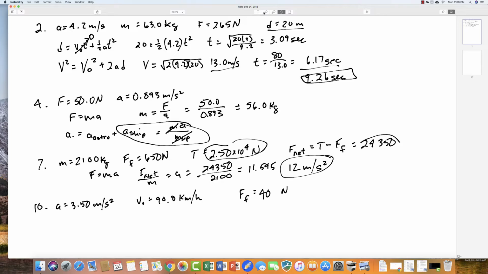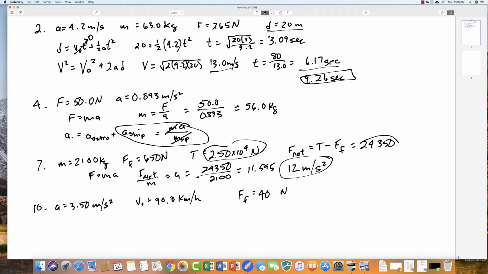And there is no decimal there, so that's one significant figure. If it just says 400 with no decimal, that means that it's one significant figure. What is the magnitude of force that the motorcycle exerts backwards on the ground to produce its acceleration if the mass of the motorcycle is 245 kilograms?